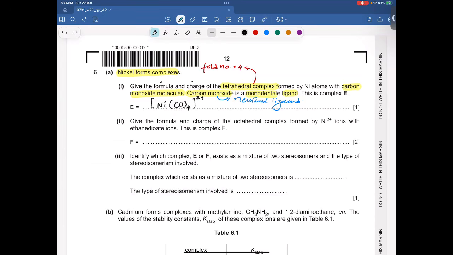Nickel has an oxidation state of 2 plus. So if it is a neutral ligand, it has no charge, which means I need to put 2 plus here so that it shows the oxidation state of this nickel ion.